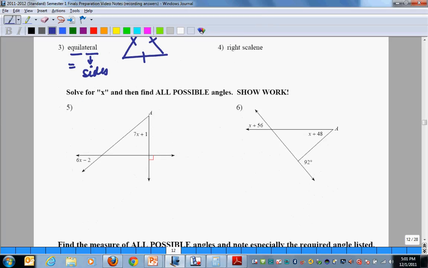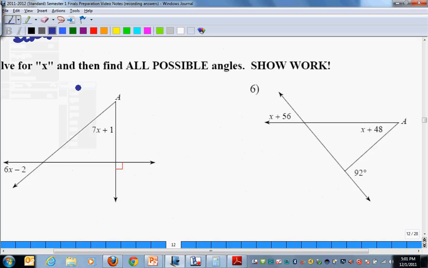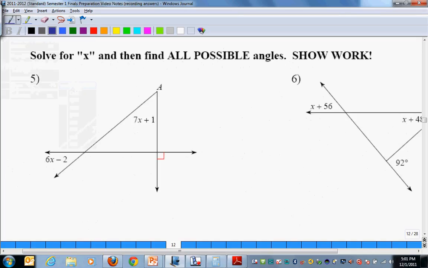Number 5, we're going to solve for x here. And the trick to this is to look for, we're going to first find vertical angles. So this is going to be 6x minus 2, and if that's a right angle, 90 degrees.